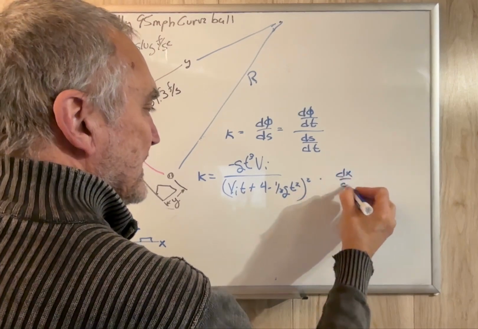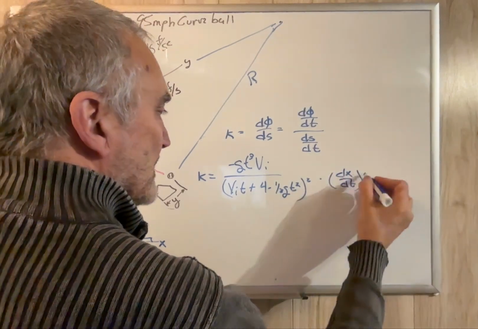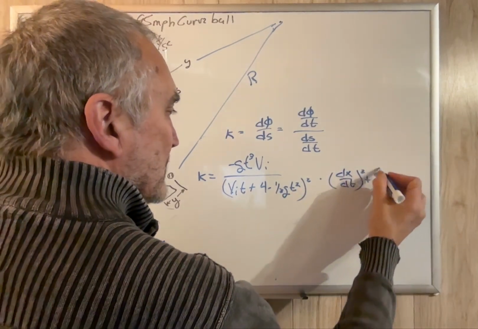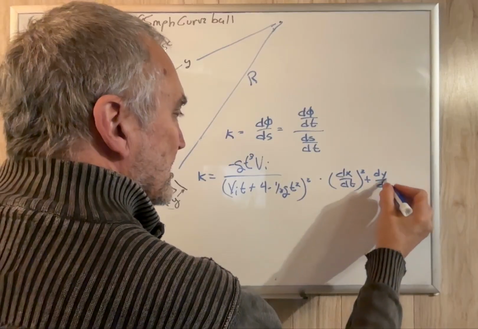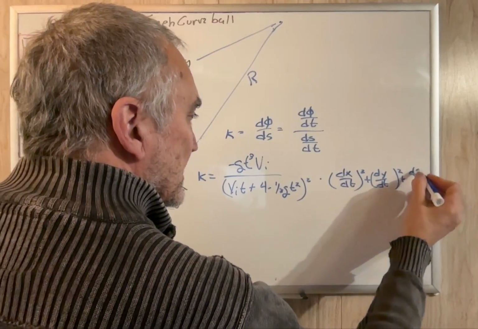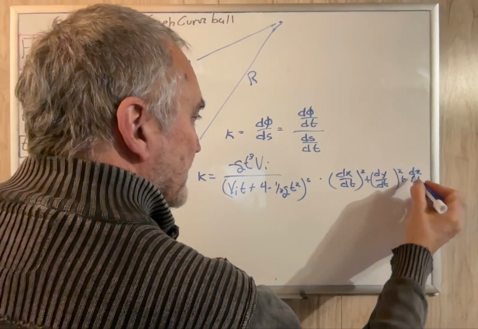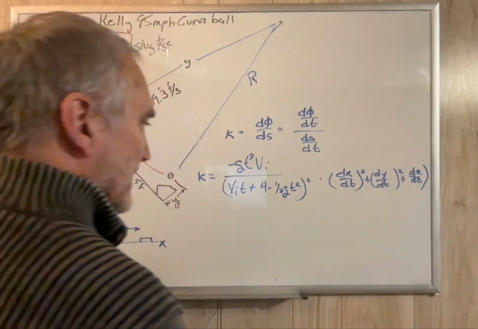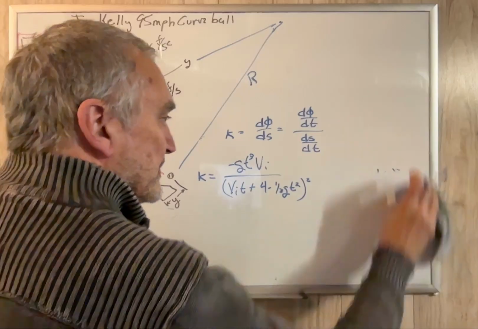So that's going to be dx dt squared plus dy dt squared plus dz dt squared. I always run out of room. Let's try it again.